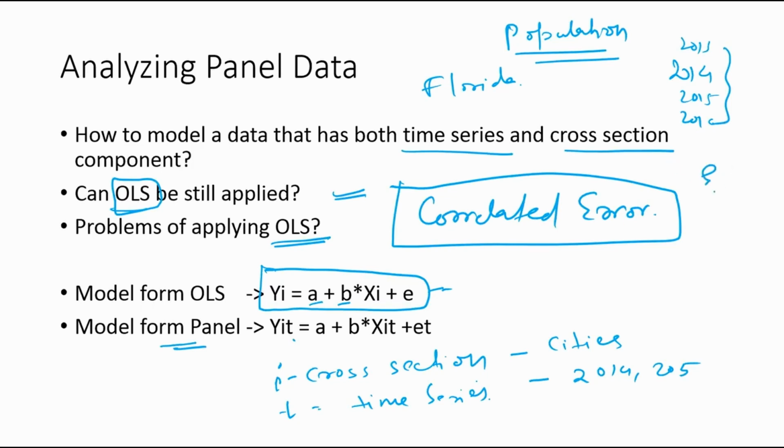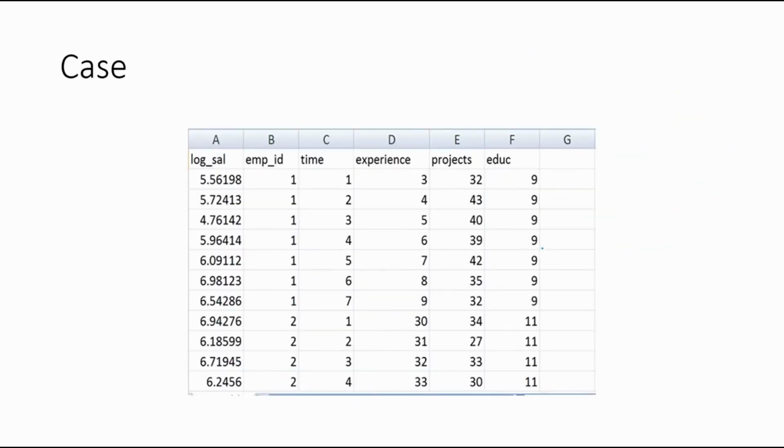Hence, the error terms are also most likely to be correlated, and that is an issue in OLS. So either that has to be corrected before using OLS, or you can use an alternative technique. We'll see how we can deal with this problem and overcome it while doing panel data analysis. And for that we'll take a case.